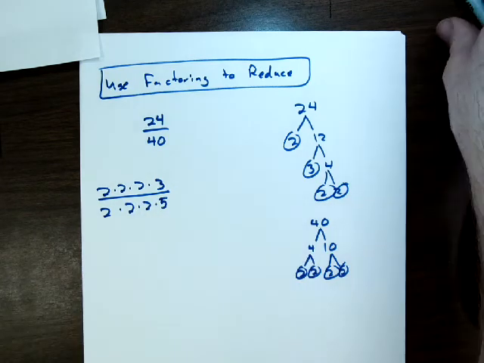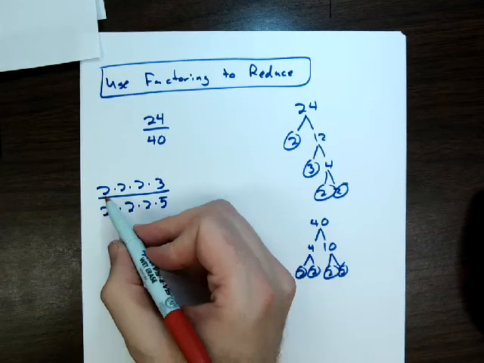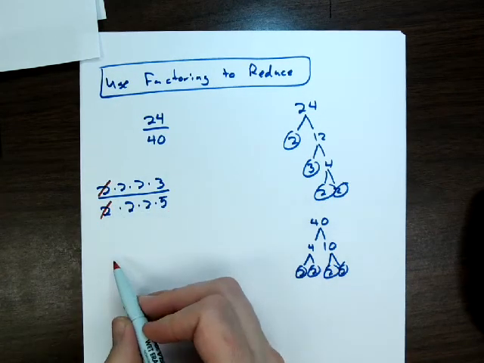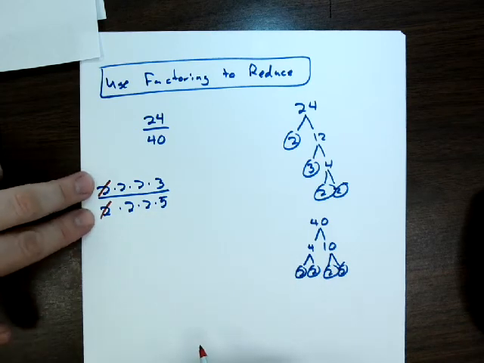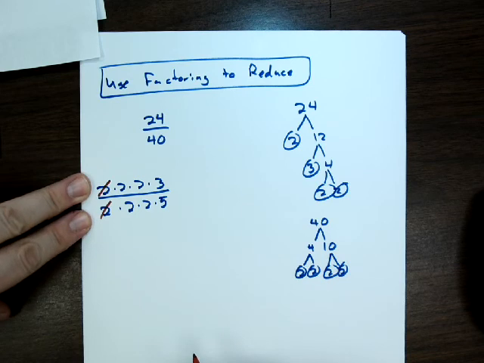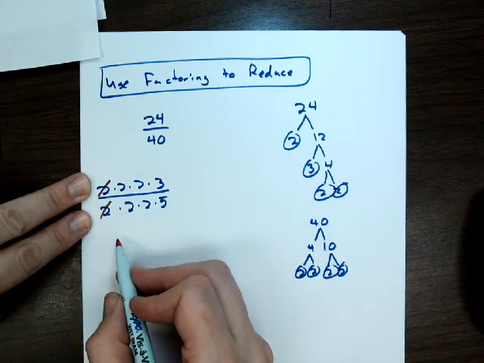And what we can do is we can then reduce anything that's in common here. What I'm doing when I do this is dividing the top and bottom by the same number. So when I do this, I've just divided the top and bottom by 2.